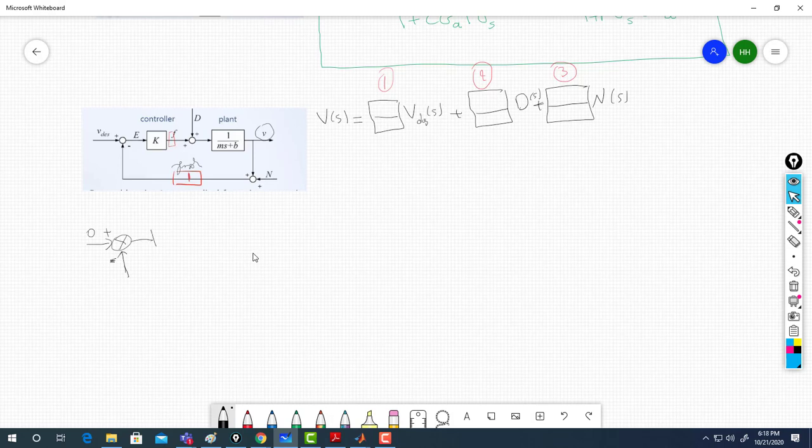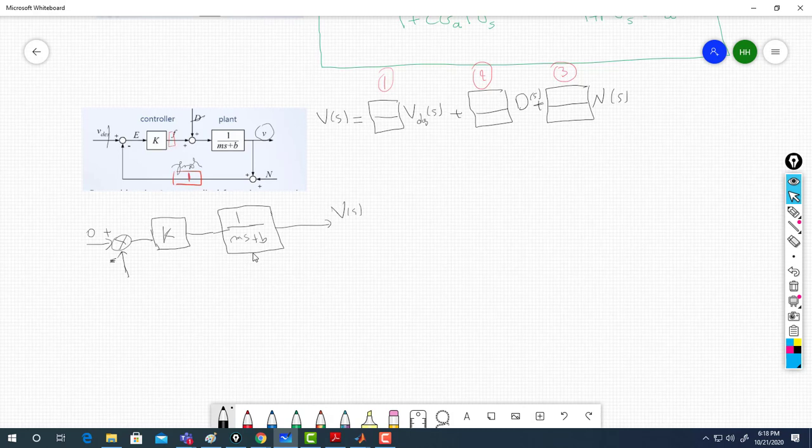So here we'll do it together, the others you do yourself. So then I have k, and I'm considering d equals 0. In this case I'm considering v desired equals 0, and I will only keep the n, this v of s.